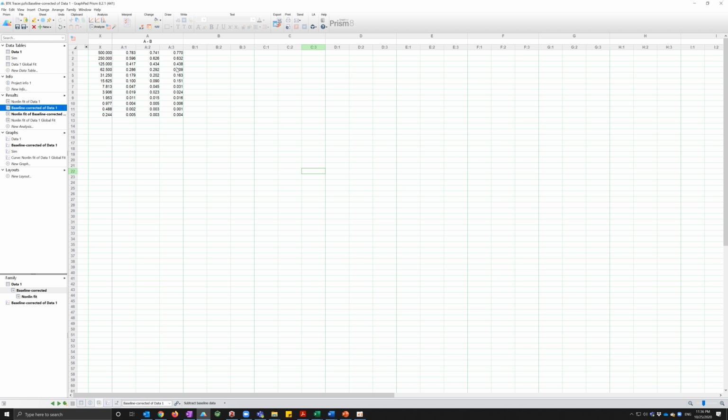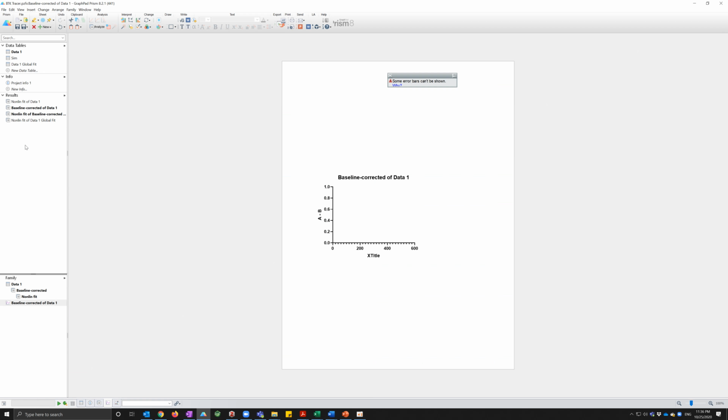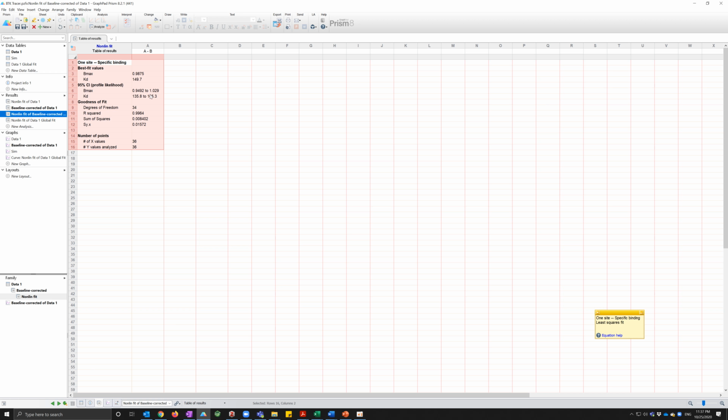This is all the specific binding. If you do that, you get a KD of about 150 nanomolar, pretty close to the global fit with both specific and non-specific binding. But this one is more tedious. You have to manually subtract the background and do all that.